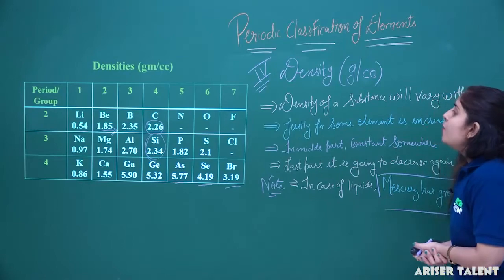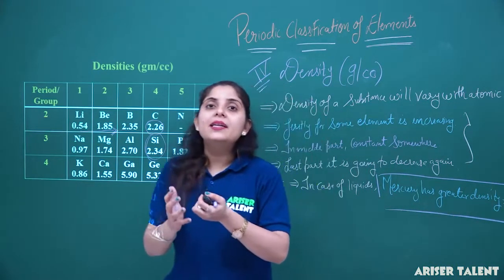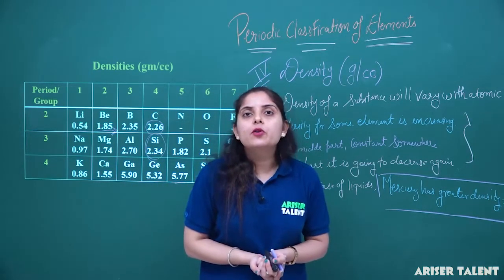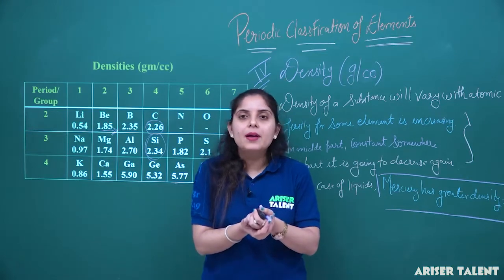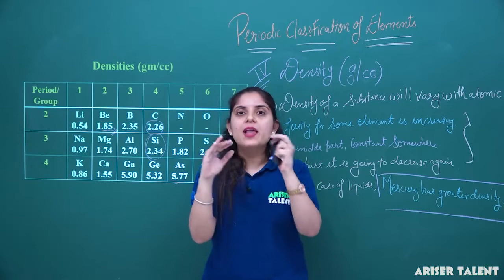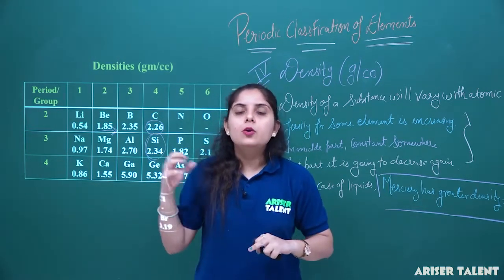Now after density, we have another topic, that is about melting and boiling point trend. The melting and boiling point of a substance is going to increase with the increasing atomic number, but those which have low atomic volumes will have a high melting point, and high atomic volumes will have a low melting point.